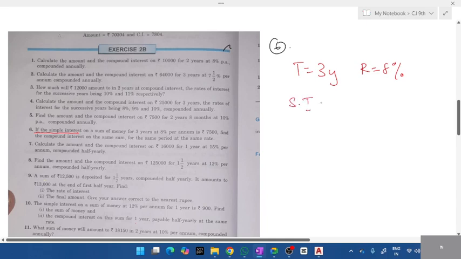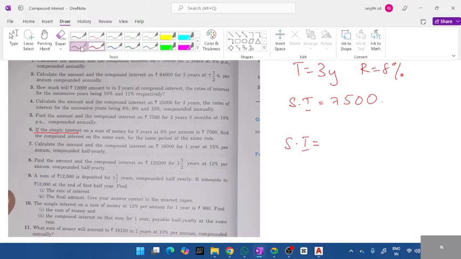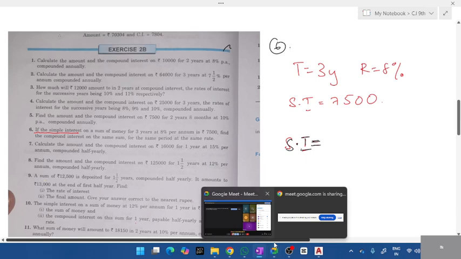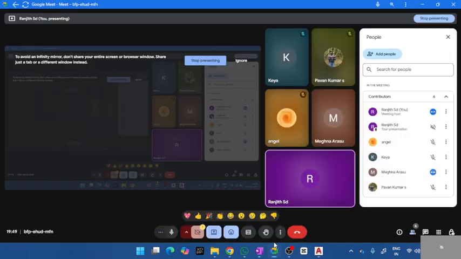Yeah, so simple interest is given. Which concept will you use? Simple interest or compound interest? So use the simple interest formula. What is the simple interest formula? Simple interest is equal to... Yeah, tell me Ananya, what is the simple interest formula? It is the same as compound interest, right? Why are you not answering?